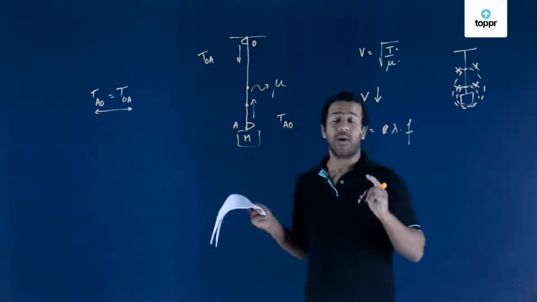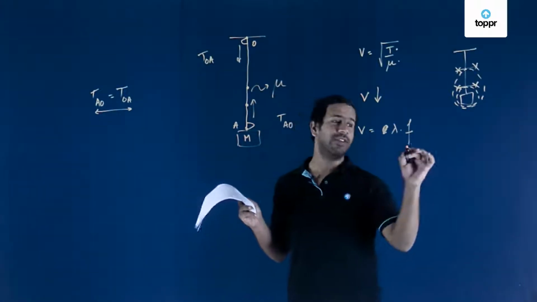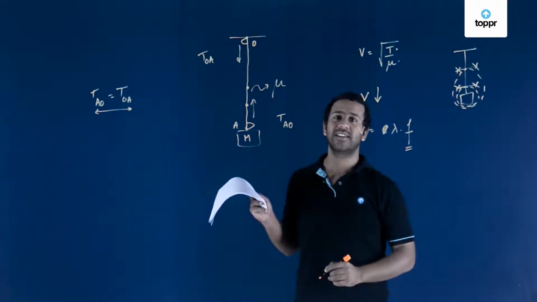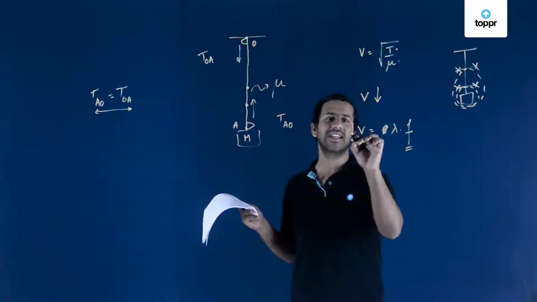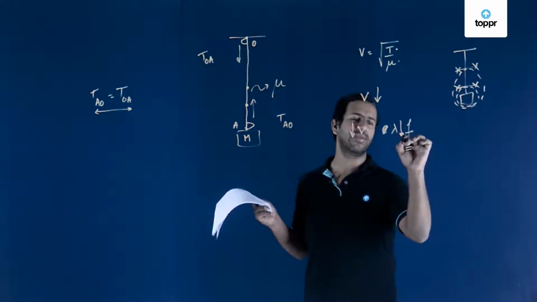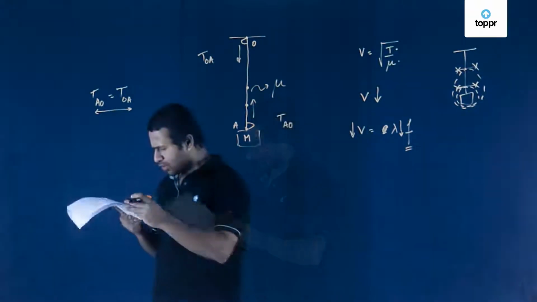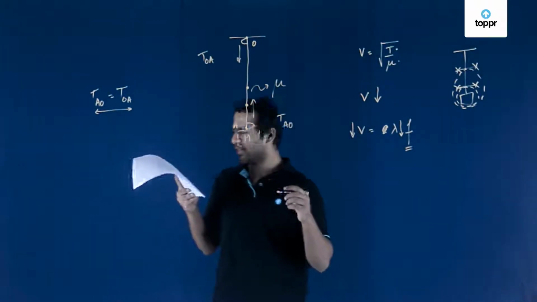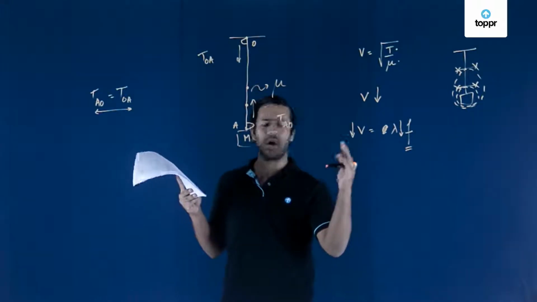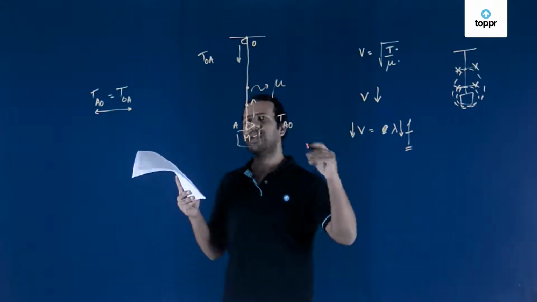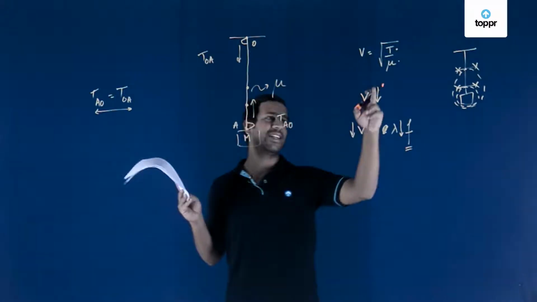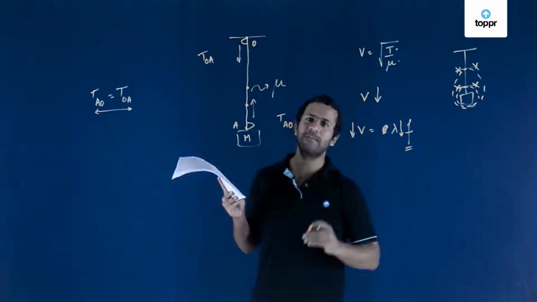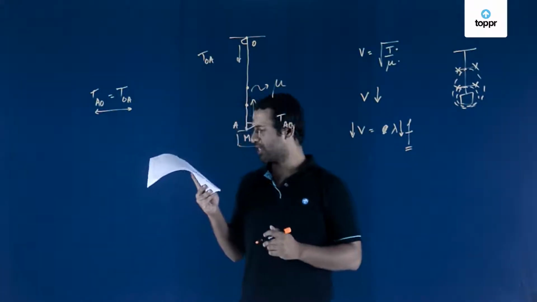As the wave moves, the frequency never changes. Since the frequency never changes, as the velocity goes down, wavelength will go down. Here we are told that the pulse will have a longer wavelength, which is clearly wrong, because if the speed is decreasing, wavelength will come down. So option C is not correct.